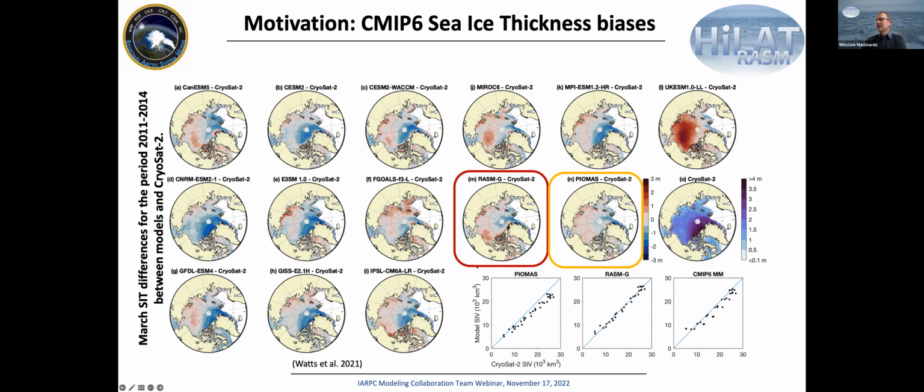The biomass is showing some better agreement, but still underestimates the thicker ice relative to Cryosat. And as a matter of fact, RASM is definitely not doing worse than the biomass reanalysis for those particular comparisons.